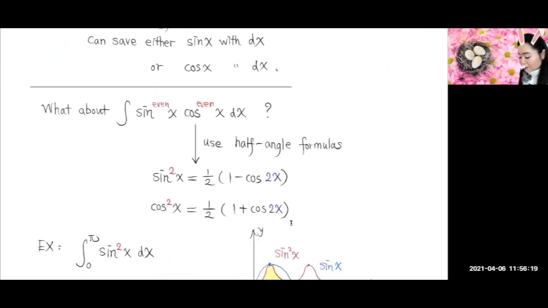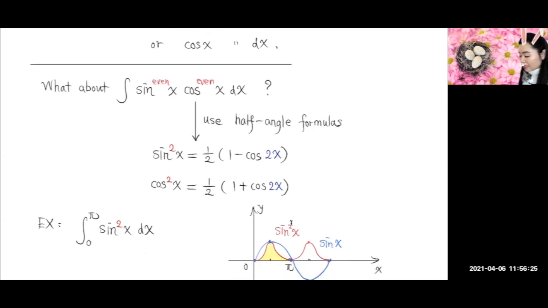Now, Sultan's question was this: what happens when the exponents on sine and cosine are both even? To deal with this type of integral, we use the half angle formulas. I don't know if you guys remember that.